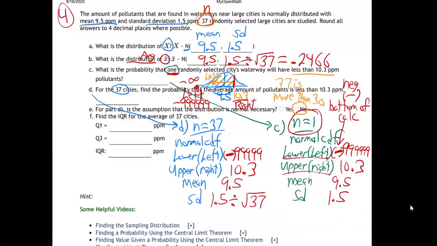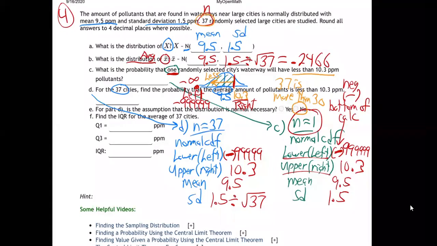We have 37 as our group size. So if you take a group bigger than 30, it's automatically going to be normally distributed. It's going to make the data spread out normally in a bell curve, the averages. The averages will have to spread that way in a normal curve automatically. So we're good on that.